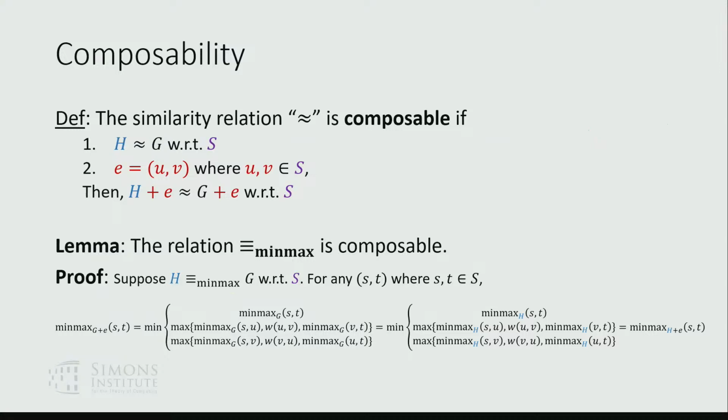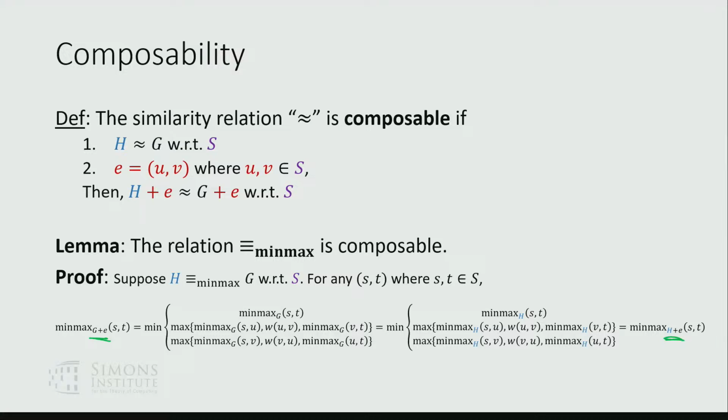Well, the same thing is true for H plus e. You have three cases. But once you compare, every min-max of H is the same as the min-max of G. So everything here is the same. So you get that the min-max from S to T are the same in H plus e and G plus e.